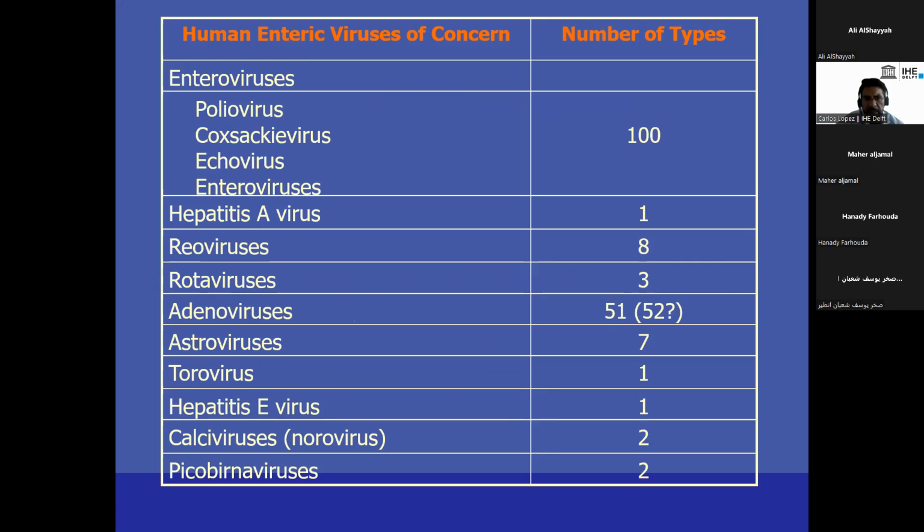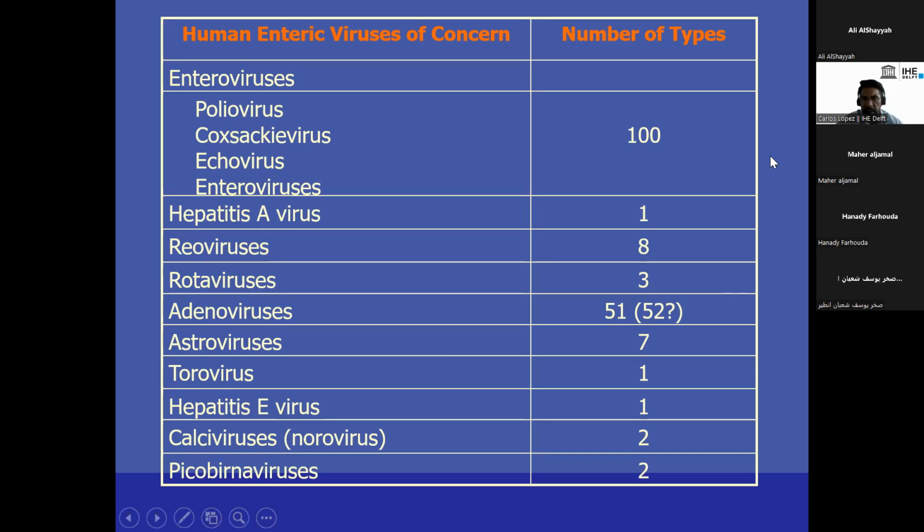Zoom link. So when we are talking about viruses, the most dangerous viruses that can be transferred via water are enteroviruses, like the polio and echovirus, for example.